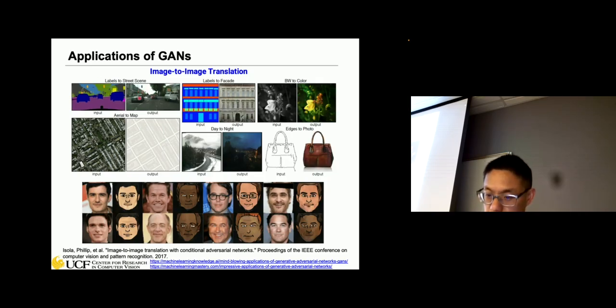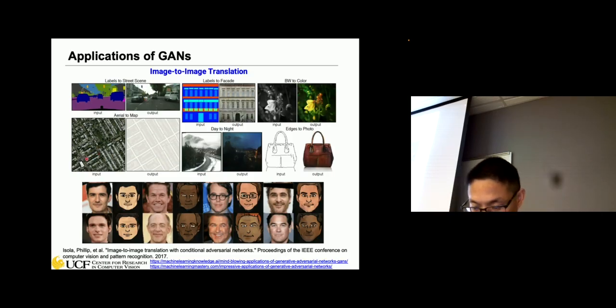Maybe the color of the car or the illumination in the scene can be very different, but the semantic classes are the same. In this case, you can generate a lot of data and train a segmentation model or an object detection model.